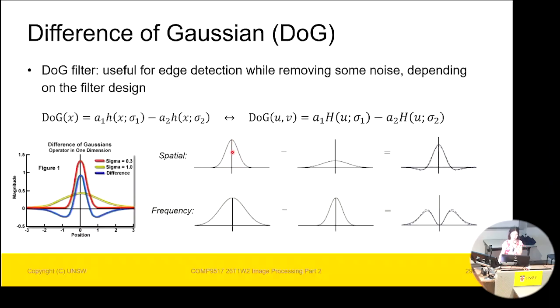It's doing some filtering, but not too much, so the output shouldn't be too blurry, but this one will be a lot blurrier. So you're removing more detailed information. By subtracting this, we are essentially doing a kind of bandpass filter. That means we are removing the very low frequency information, but also removing some of the very high frequency information and keeping the information in the middle.